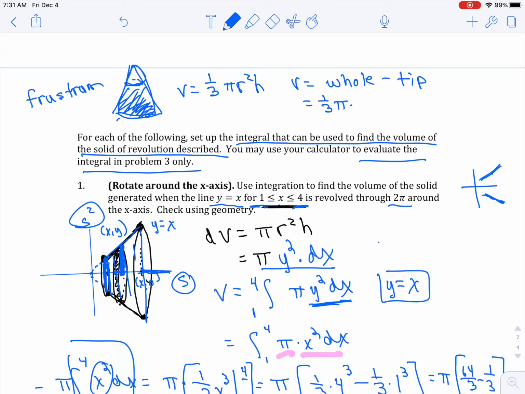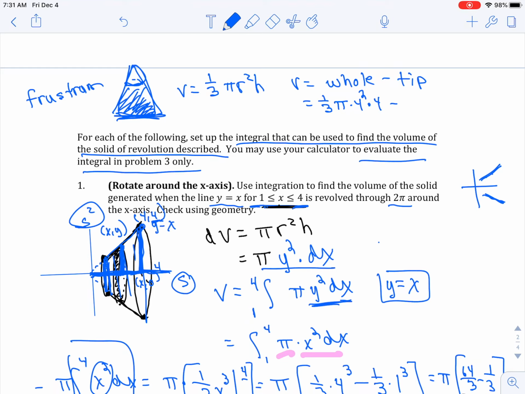Now remember that the radius is the radius of the base, and this was at x equal 4. So that means that this point is the point (4, 4) on our graph. And so the radius is this distance right here, which is the y-coordinate, which is 4. So we get pi times 4 squared times the height, and the height of this is also going to be 4. It's the distance from here to here.